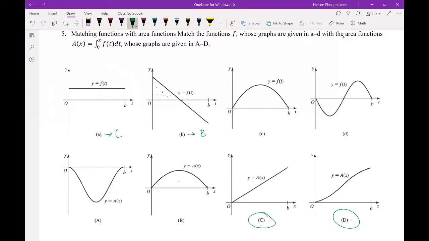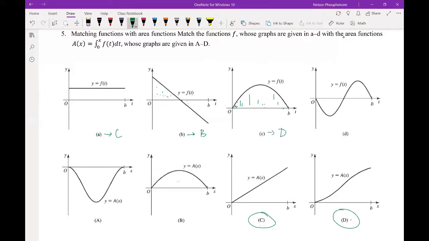For this one, the area is always positive, which means the original function is increasing. It increases slowly, then increases more, and then slows down. So I believe that D is the one.